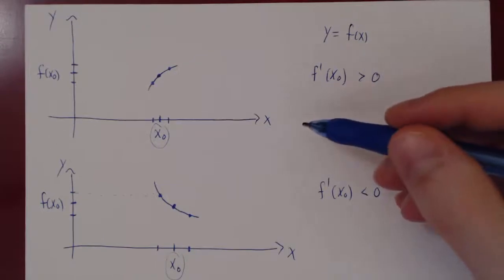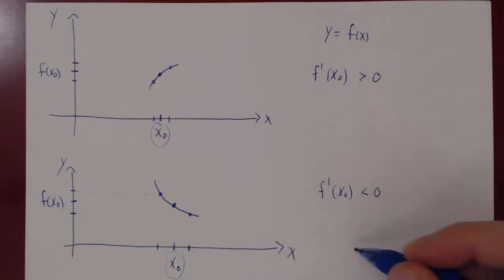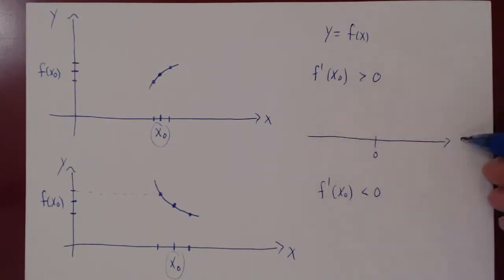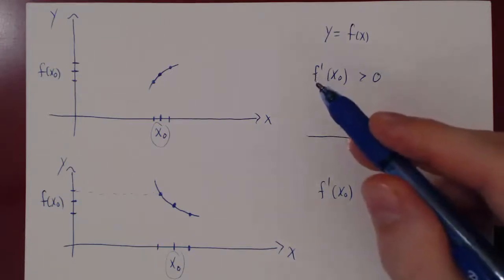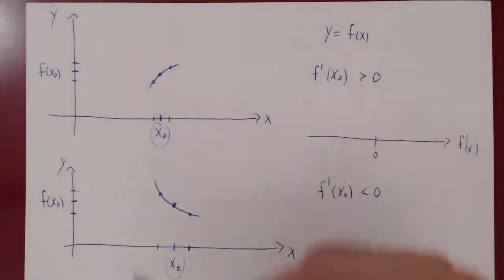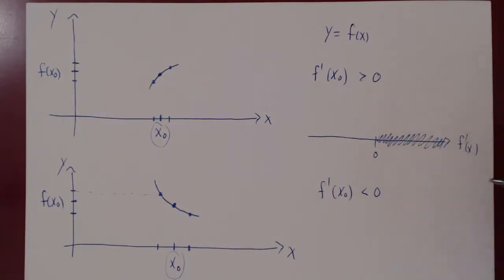Well, think of it. What's the opposite of the derivative being positive or negative? If you think of it, draw a line. This is 0. Look at f prime of x. And we're saying, for which values of the derivative can we expect a minimum or maximum? Well, positive values of the derivative will give you an increasing function, therefore no max, no min, so we can't accept any positive values of the derivative.